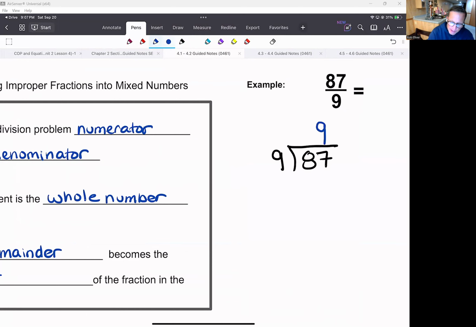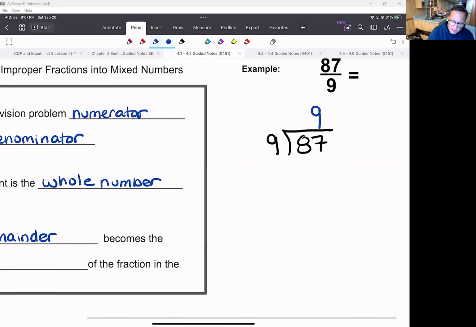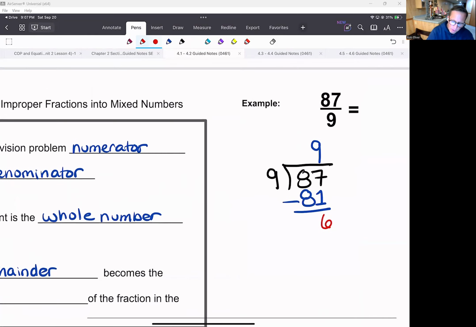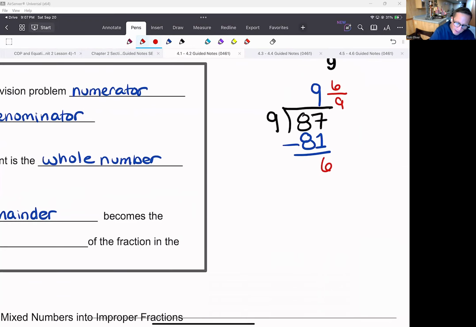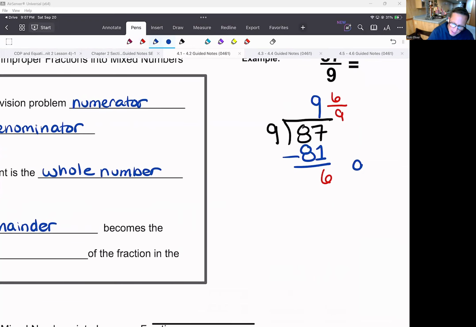It divides into it 9 times, right? 9 times 9 is 81, setting us up with a remainder. The remainder is 6. So you make the remainder the numerator, and then the denominator stays the way it was. Now that could be simplified to 9 2/3.